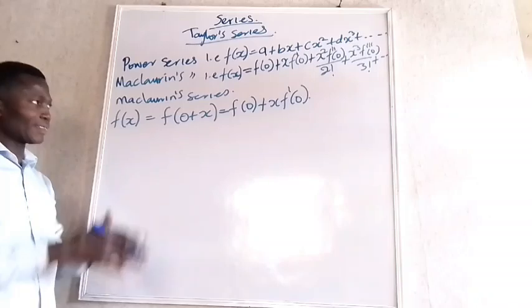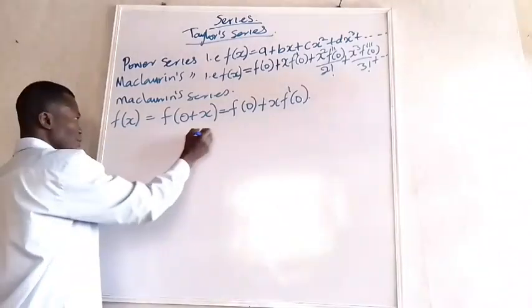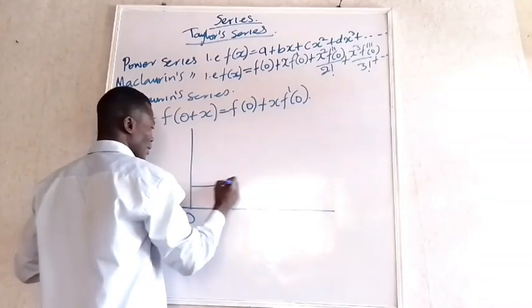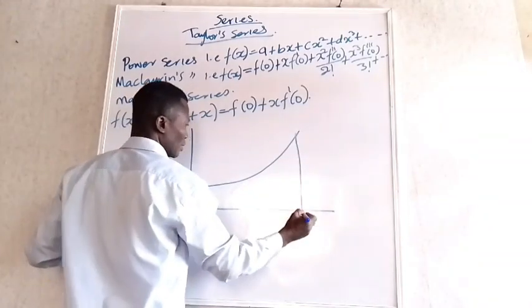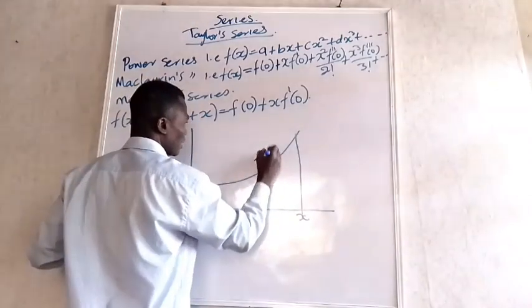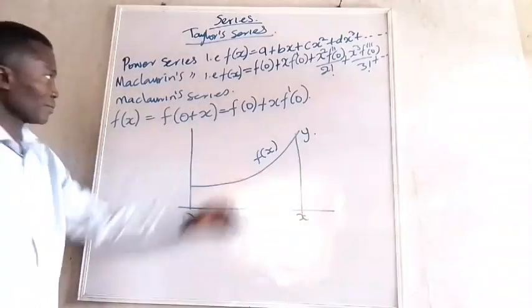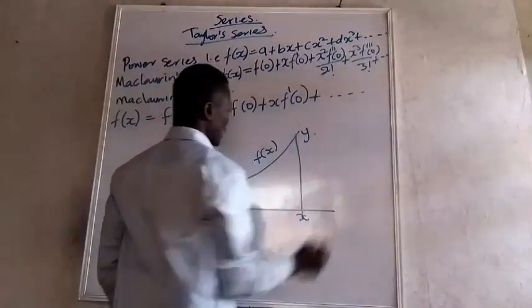Because the reference point is 0. Now, this is how the curve will look when we make 0 our reference point. The curve has the value there, and then looks like this. So this is x, this is f of x, and let's say this is y. That's what it will be like.